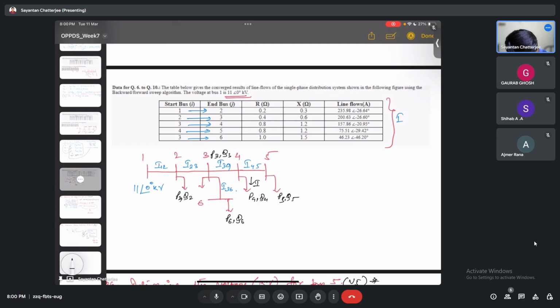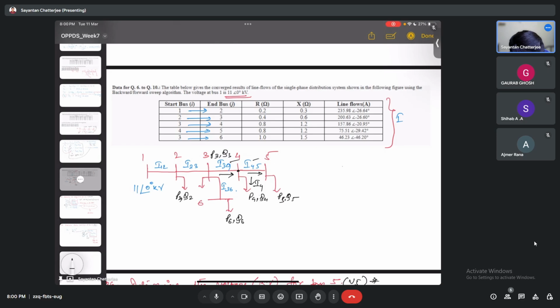I4 is flowing here, and I34 is flowing here, and I45 is flowing here. We have the information of I34 and I45. So what will be I4?